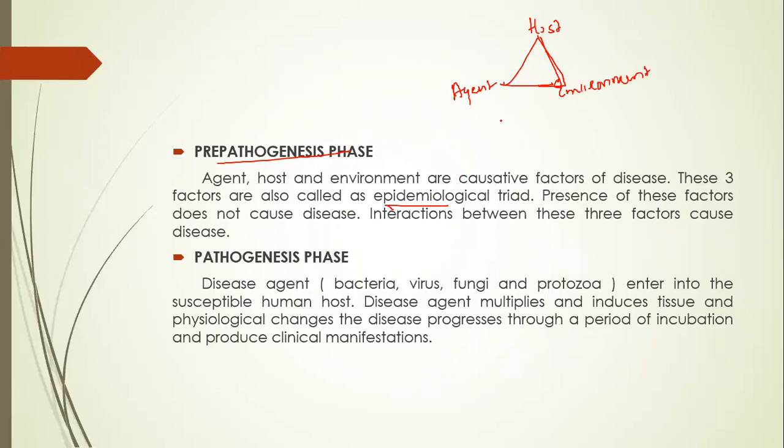If an association occurs between two or three factors of this triad, it can cause an infection. For example, if microorganisms enter a person's body from the environment through droplet transmission, there is a higher chance of getting a respiratory infection. This is called the epidemiological triad.